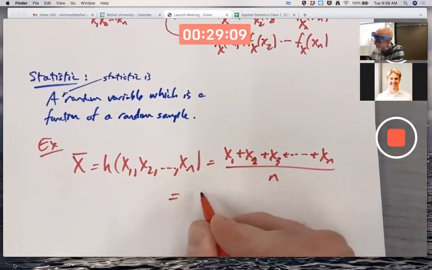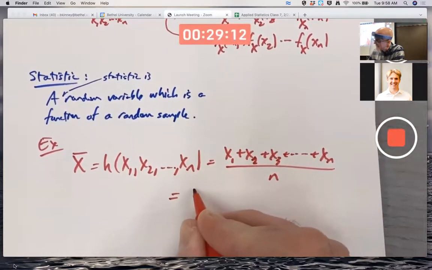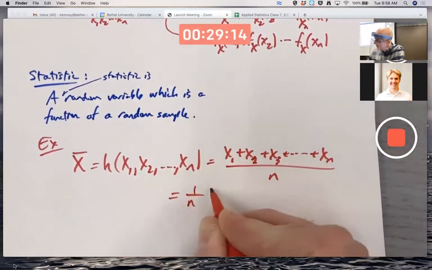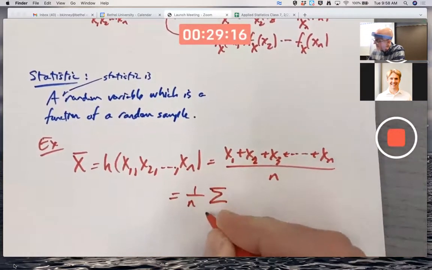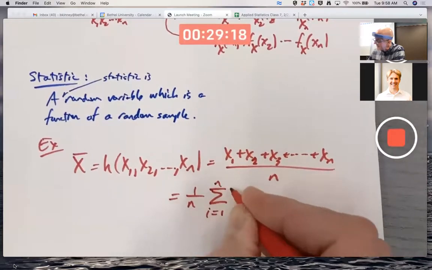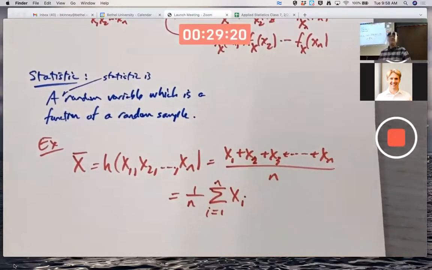Or with summation notation, 1 over n times the summation i goes from 1 to n of capital X sub i. That's our most famous statistic, the sample mean.